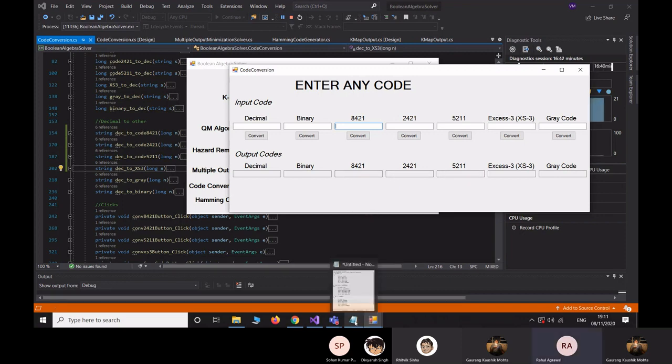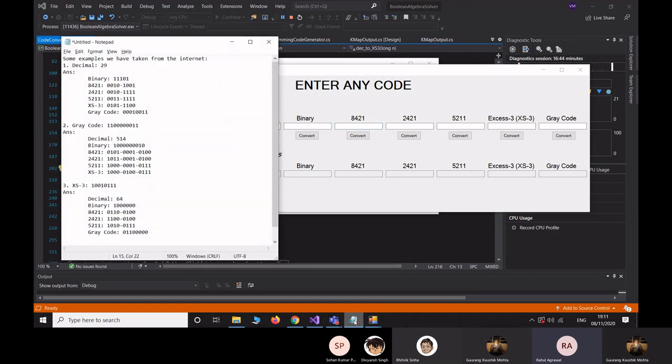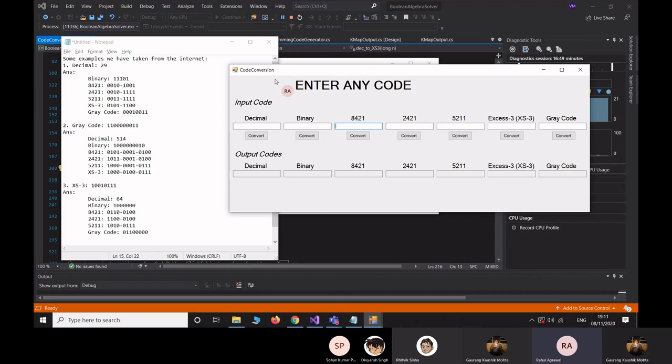Through the internet, from some websites, we gathered some examples to show. The first example is we input a decimal number 29.